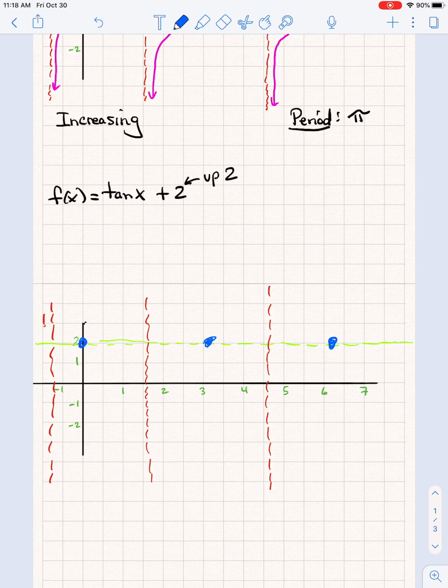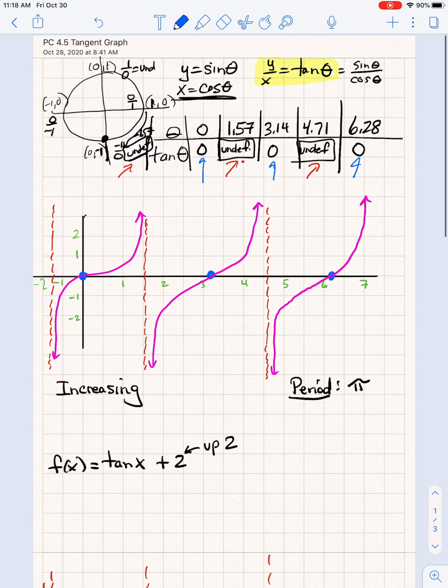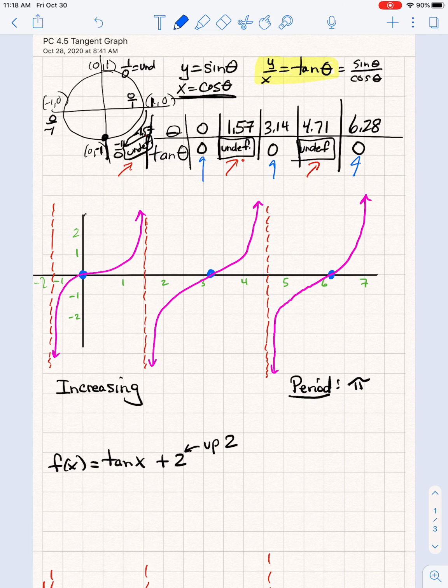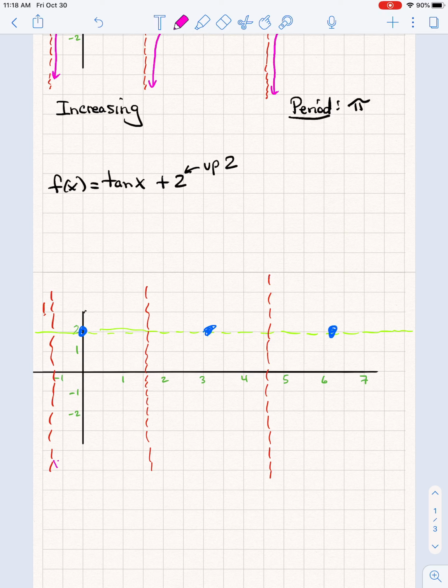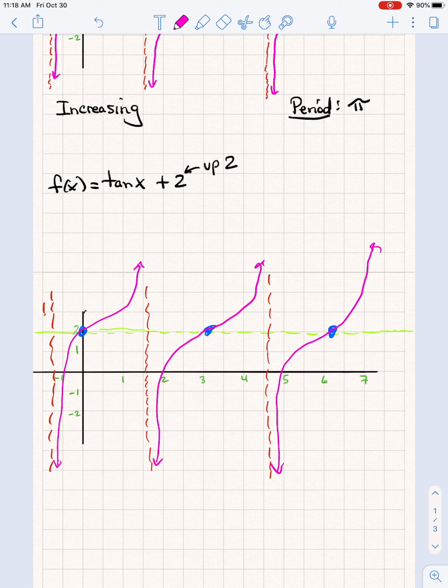From there we can draw our graph. Make sure that tangent is increasing, and follow your asymptote. We come across here and up, across here and up, across here and up. That one has a vertical shift up 2.